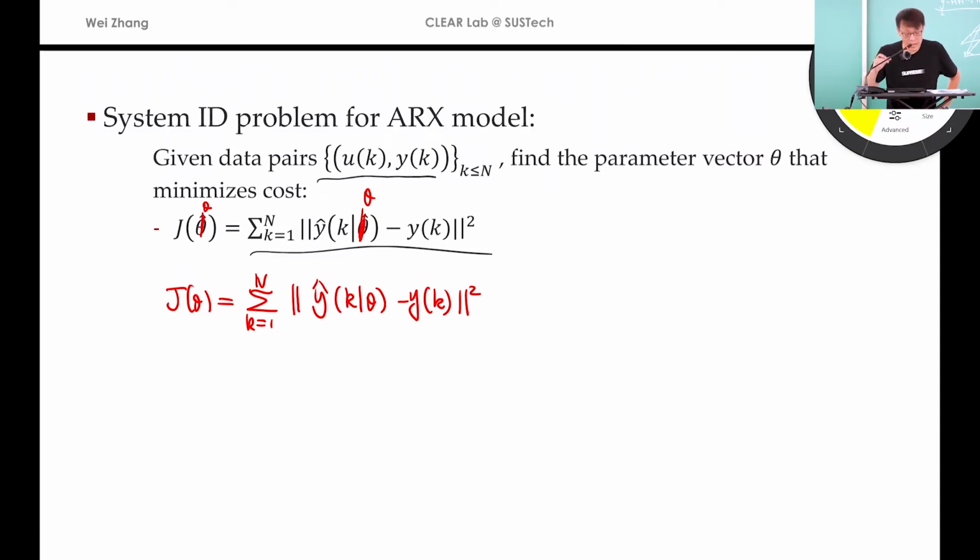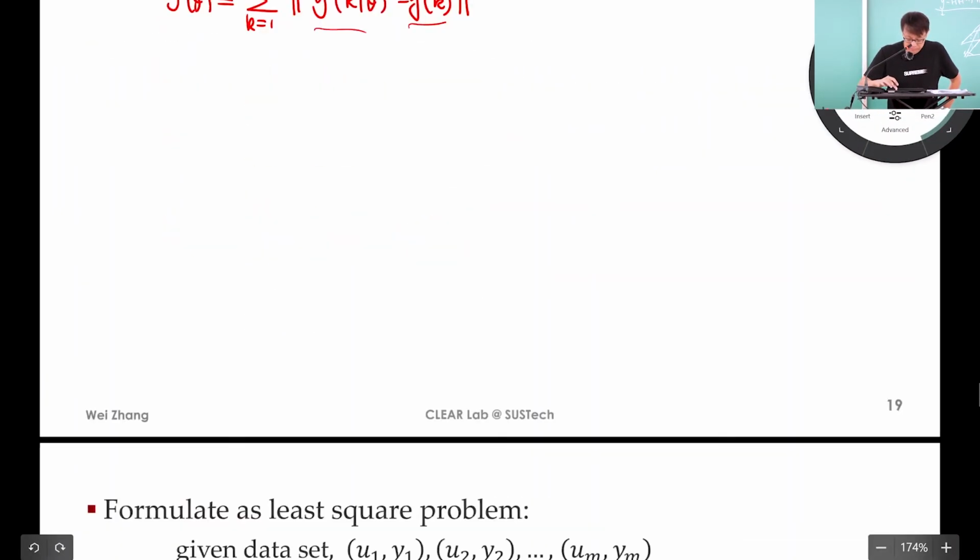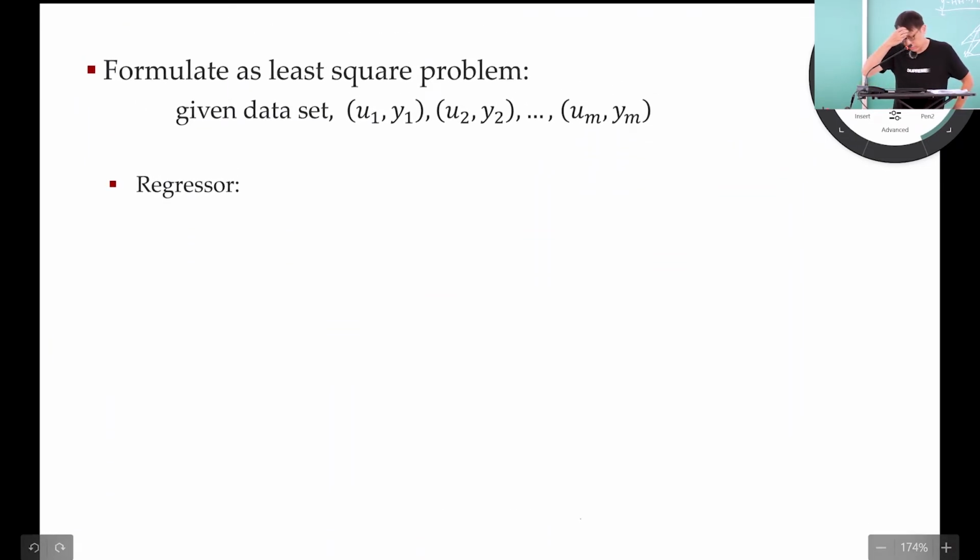Hat means estimate. That's what I see, and that's what my model tells me to see. A good theta should minimize this discrepancy, this error. Let's see how it can be formulated as a least squares problem. Let's jump directly to the formulation part.